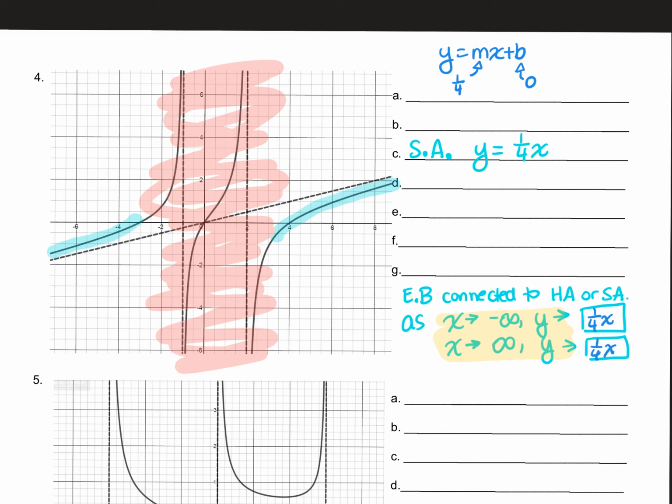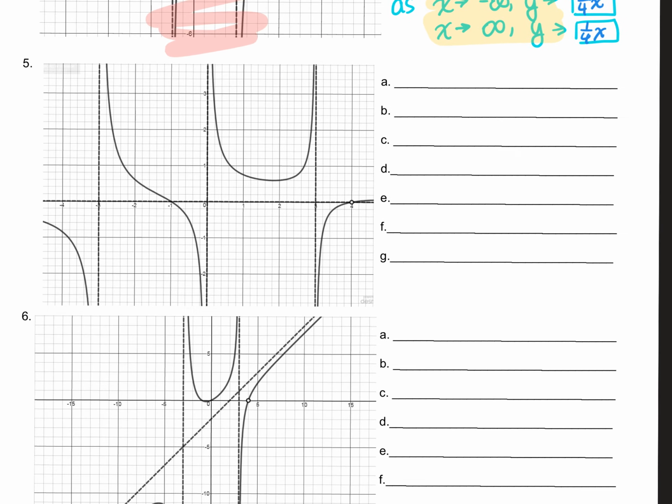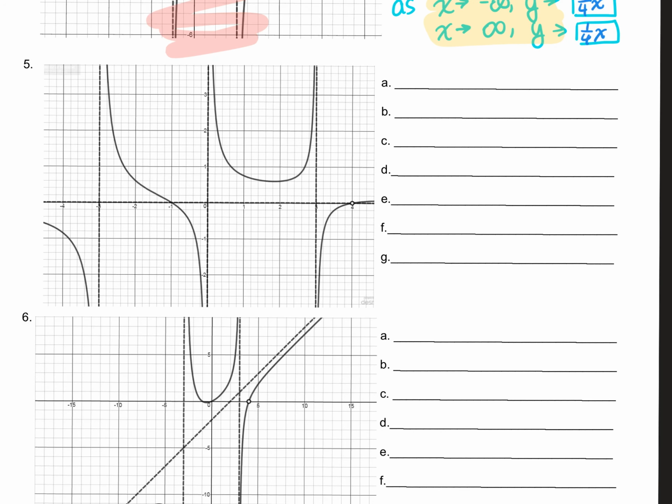That's good. Okay, so then let's talk about domain for graphs that have a hole in them, because that was another question you guys had. And we'll slide down here to problem number 5, because there is a hole in that graph.